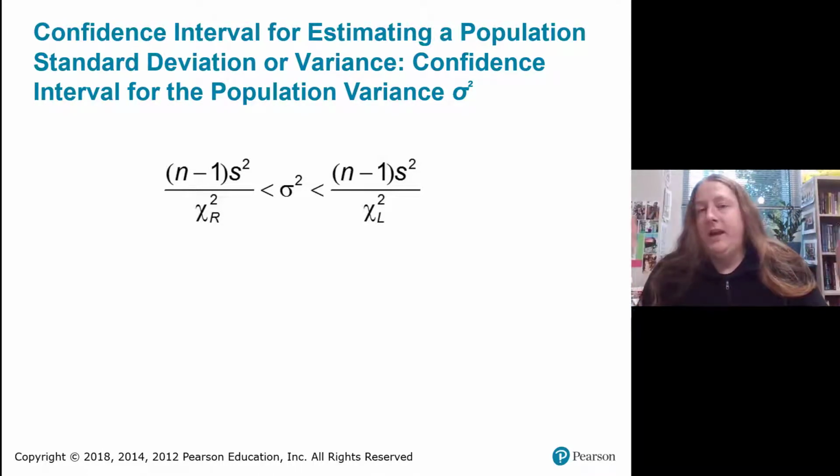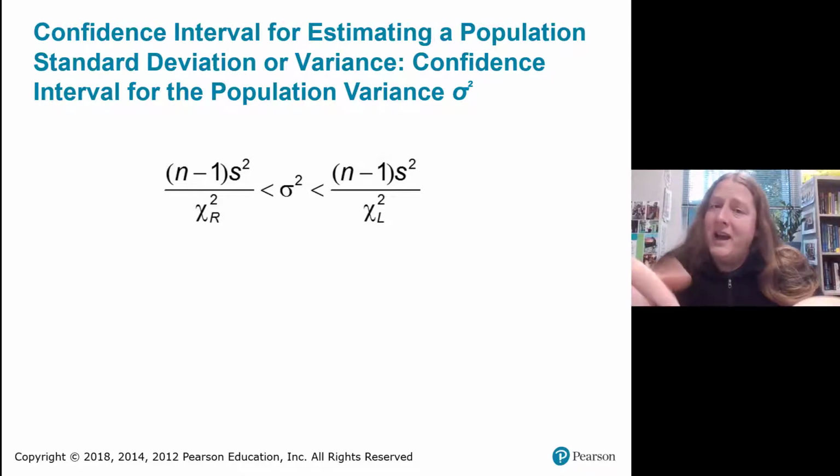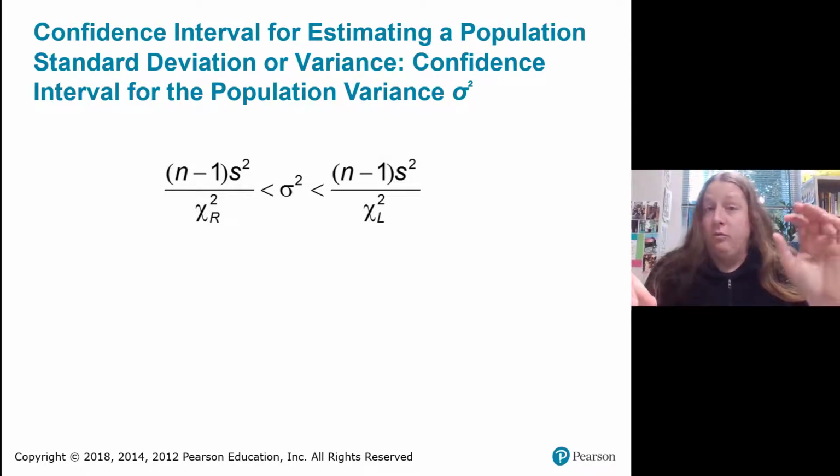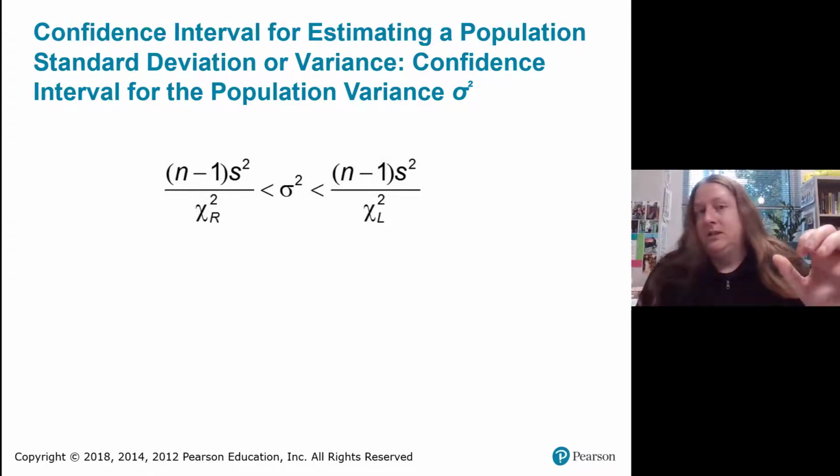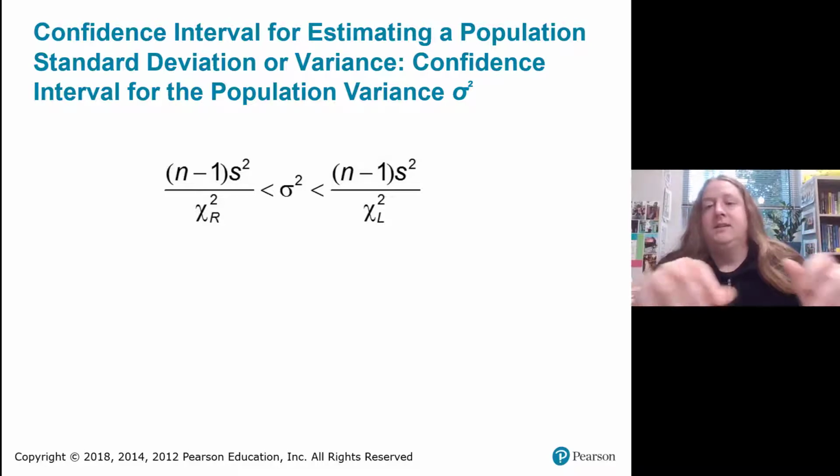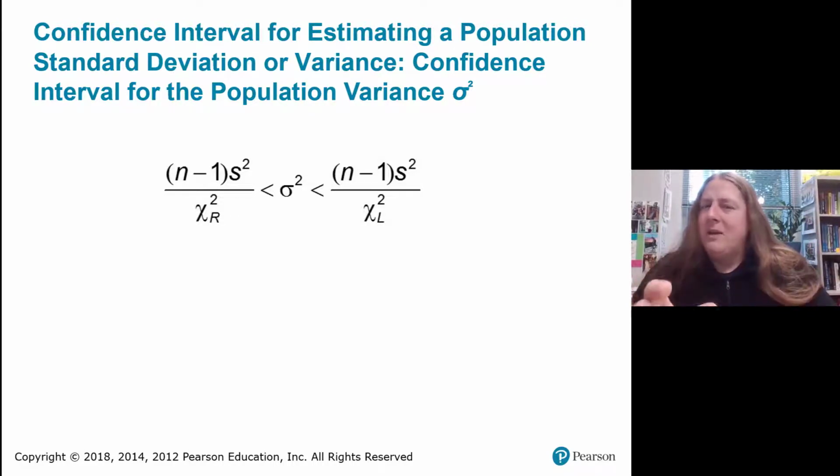Notice the right hand and the left hand are on opposite sides. So the right-tailed one is on the left, and the left-tailed one is on the right in this calculation. If you get that backwards, common sense should help you fix that. But it's good to remember that it goes backwards from what you might think.